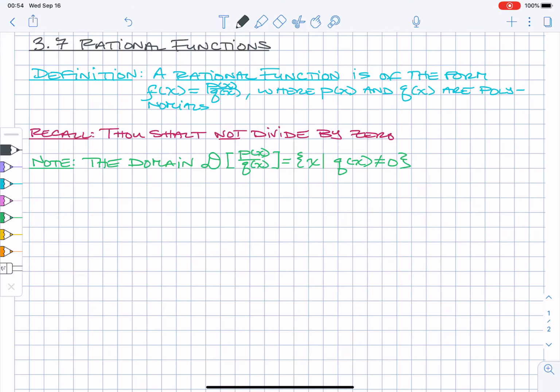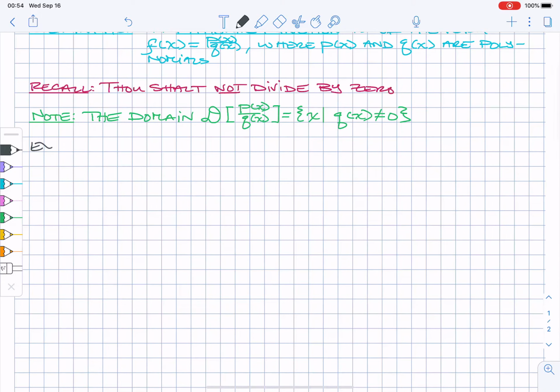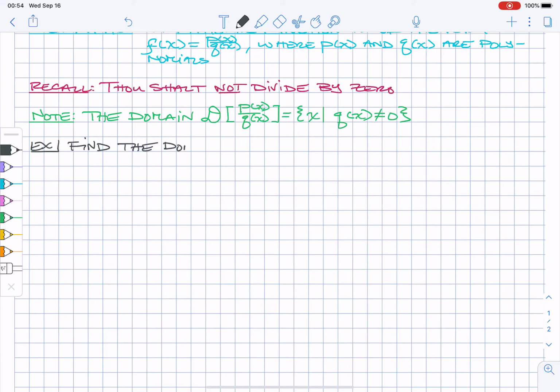Okay, so for example, let's find the domain of the following rational functions.